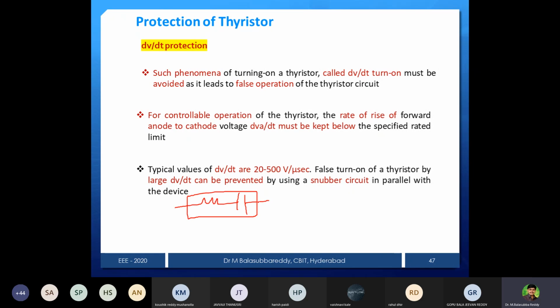But where we connect this setup, we connect it across the device. That is different. The snubber circuit is nothing but only the snubber elements.